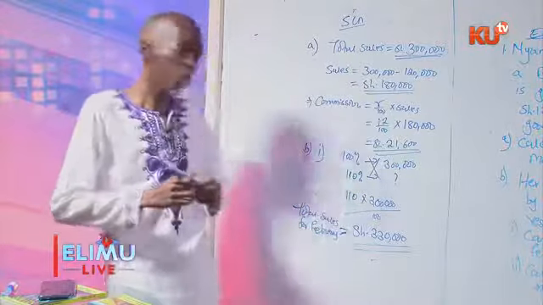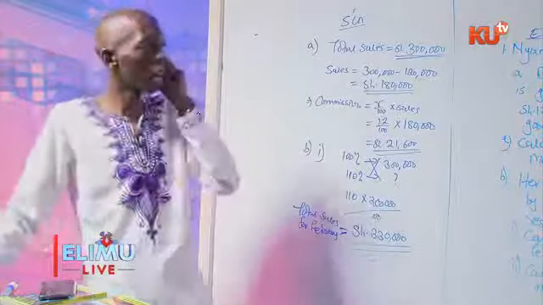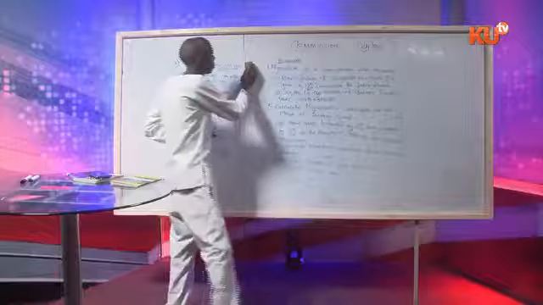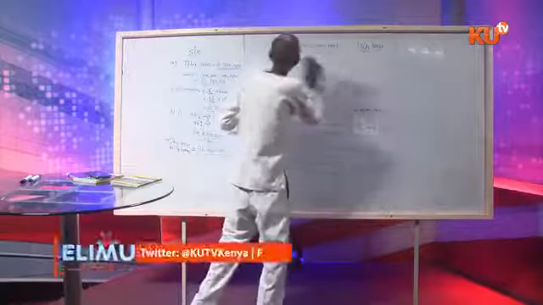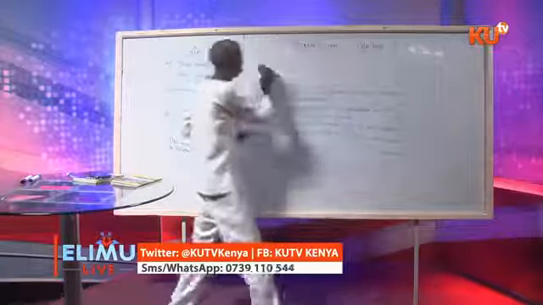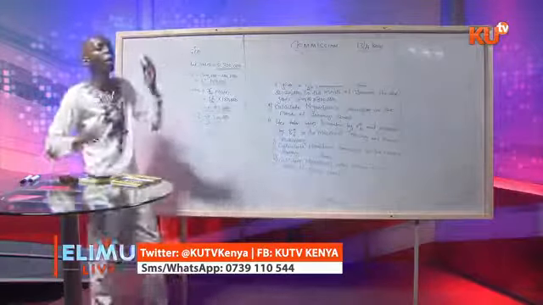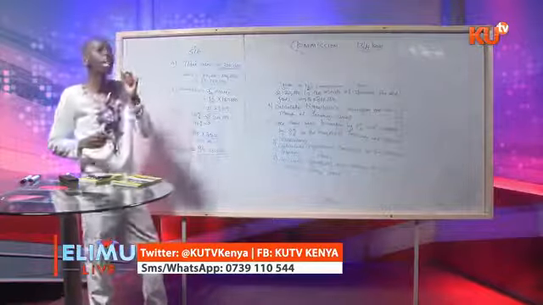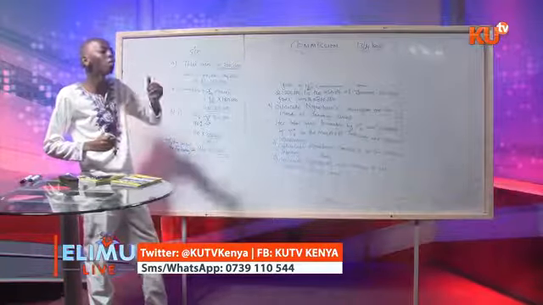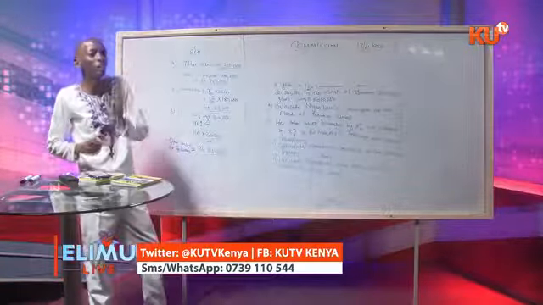That is not all. That is the total sales for February. We are asked to get Nyambura's commission for February. Remember that she is given commission for sales in excess of 120,000.